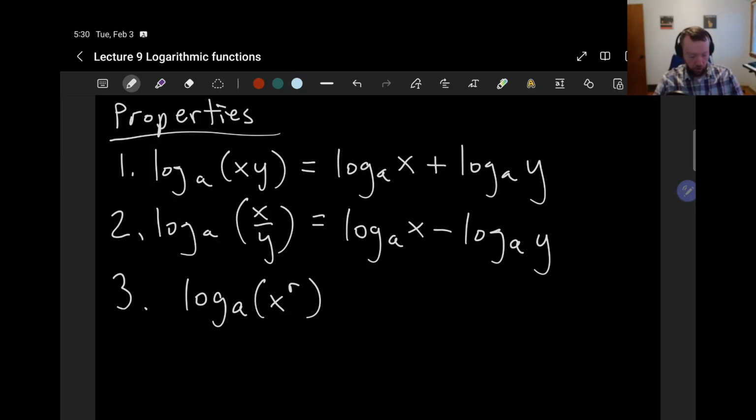If I have a log of an exponential, this is a convenient way to get rid of this exponent, quote unquote. It's not like r is totally gone, but you can make it so that it's no longer an exponent.